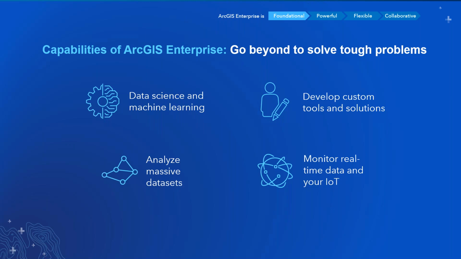The last set of capabilities is about complex questions with groundbreaking tools, right? So the ability to use data science and machine learning, develop custom tools and solutions, analyze massive data sets, and monitor real-time data and your IoT. A major focus for ArcGIS Enterprise this year has been particularly growing our data science tools.